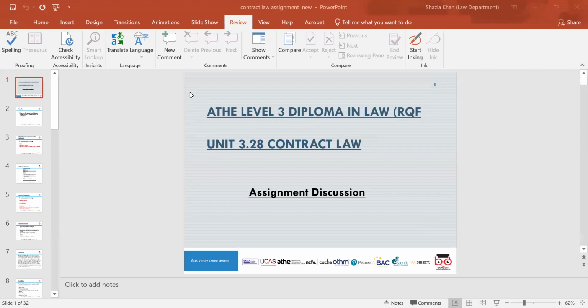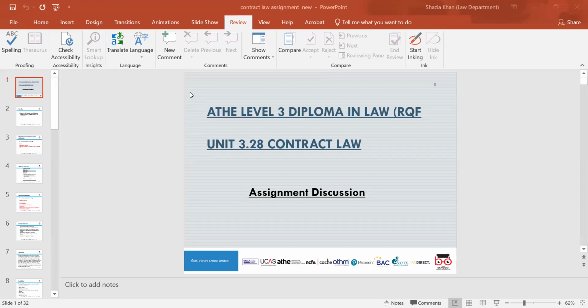We went then to look at 1.2, where we looked at the different classifications of a contract. So we looked at an express contract, where the parties state the terms orally or in writing. We then looked at implied contracts, which arise from mutual agreement.